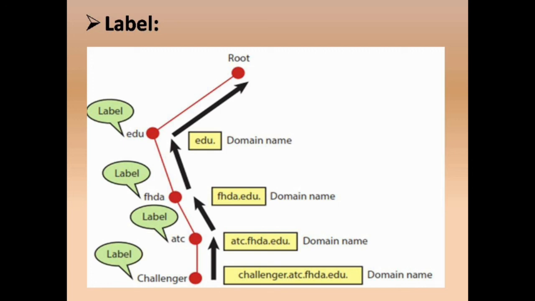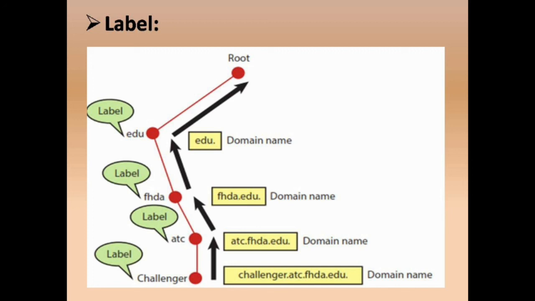For example, the second level domain name is fhda.edu, so it includes the previous level domain name. And see the fourth level, that is level 3. It consists of atc.fhda.edu, so it includes the above domain names.